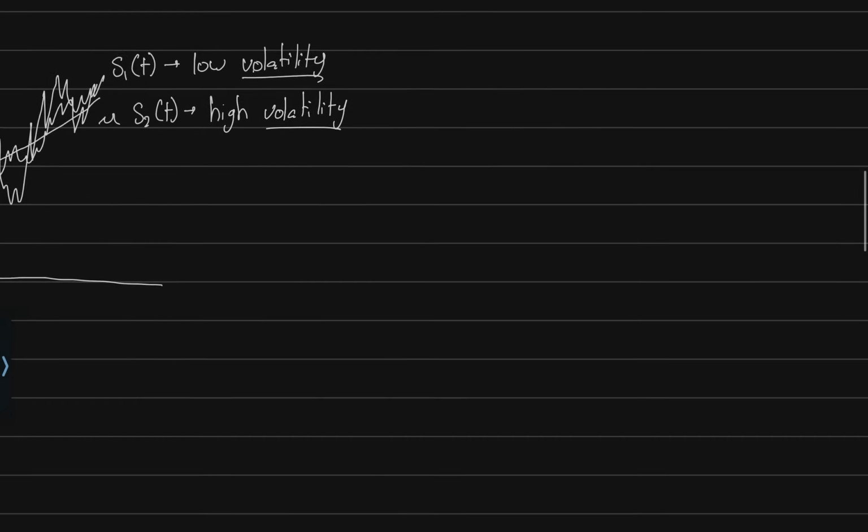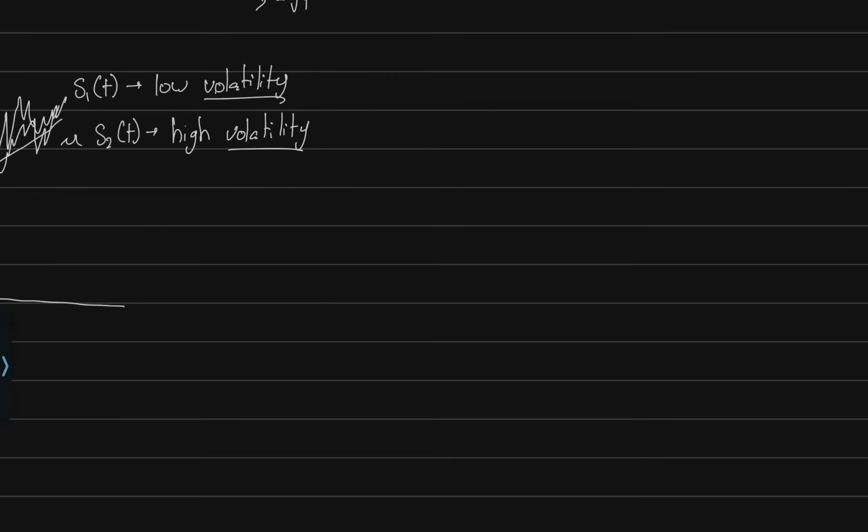So we have S1 of t, which we're going to say is low volatility, and S2 of t, which we're going to say is high volatility. So we have this term called volatility, which can be measurable in stock prices, right?